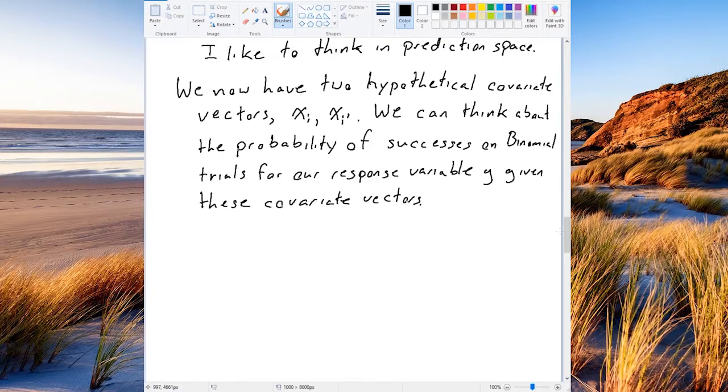So I'm doing a diagnostic test for COVID-19. That is my y response variable. Diagnostic test is going to come back with a 0 or a 1, and whether I get a 0 or a 1, whether I get a positive test or a negative test, is going to depend to some extent on some set of covariates. So those covariates could be something involving an individual's personal risk and population risk.